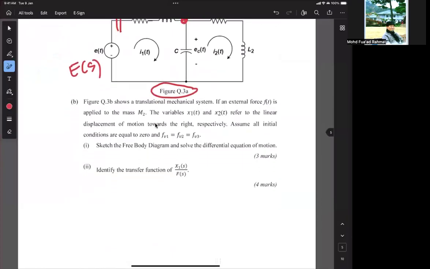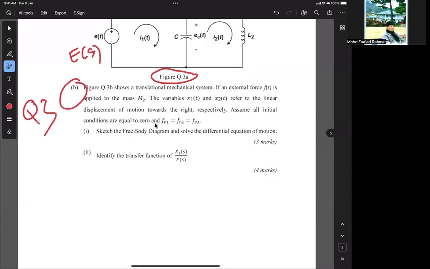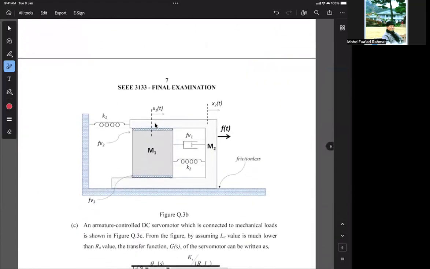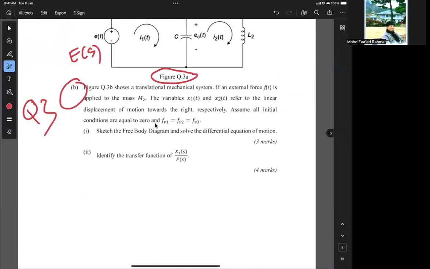So the next question is question 3b, which is the mechanical system shown over here. The input is external force applied to mass M2.